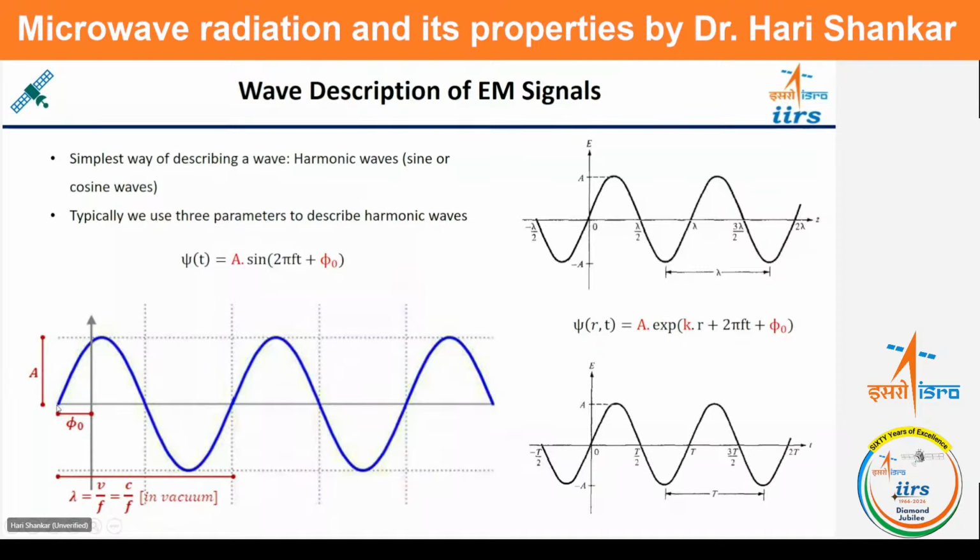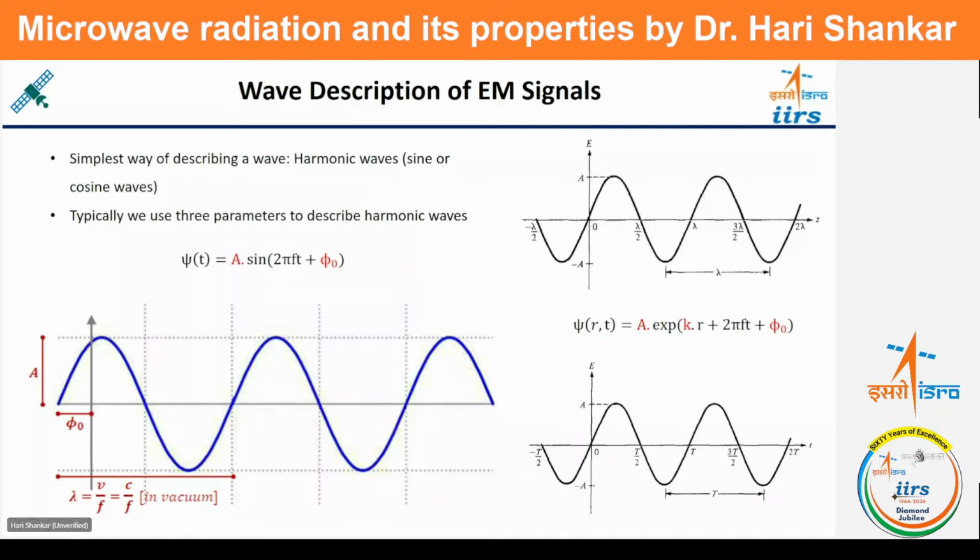Here you see this is the phase. Here it is 0, so phase is 0. As this distance increases, phase increases. Here it is pi by 2, and then again the phase increases. Here it becomes pi, then this is 3 pi by 2, and here the phase becomes 2 pi. So in one complete cycle, phase changes by 2 pi.